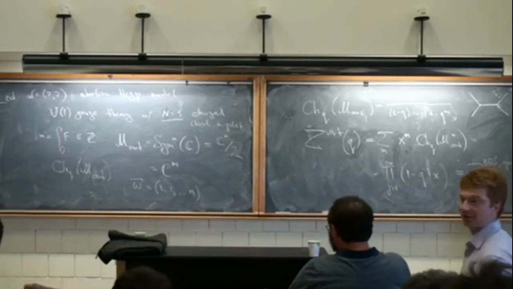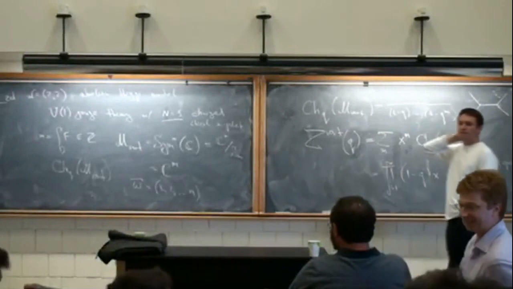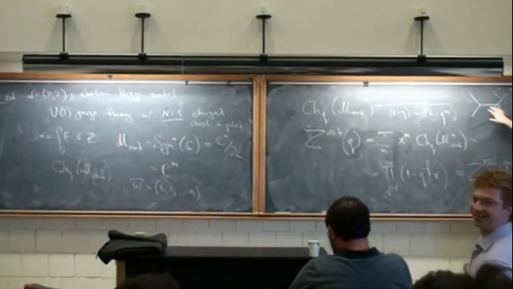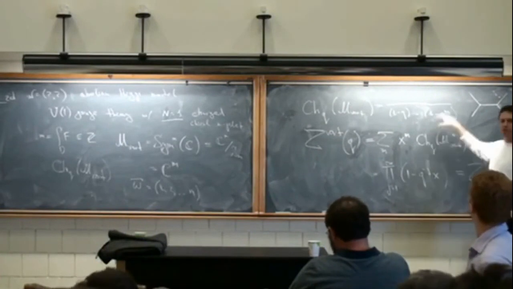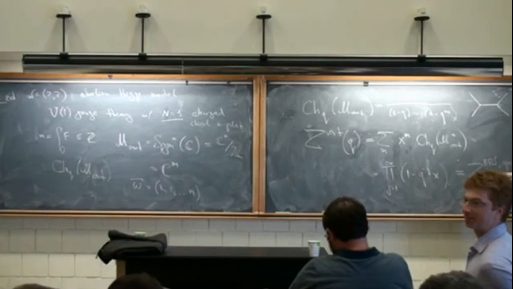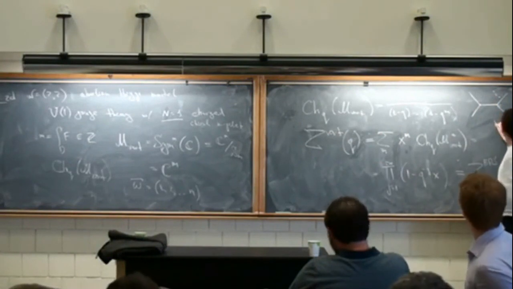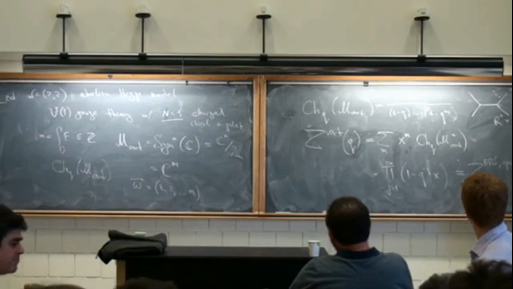Any questions? What BPS states are you talking about? You're talking about type II on this non-compact Calabi-Yau. Right. What BPS states are you counting? D2 branes ending on the D4 branes. The D4 brane is a Lagrangian brane whose geometry is, as always, R2 plus a special Lagrangian submanifold M, a three-manifold M. And in this case, there are D2 branes which end on this guy.